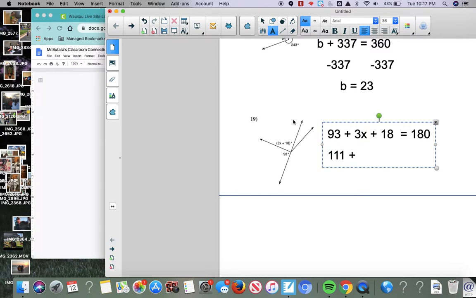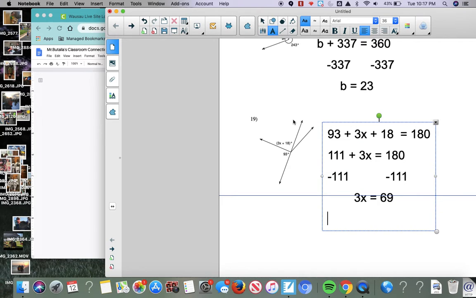111 plus 3x when I combine the 18 and the 93, and I'm next going to subtract that 111 from both sides, and that's going to leave me with 3x equals 180 minus 111 is going to be, let's see here, 69, and I am going to, oh look at that, I'm going to divide both sides by 3, and what do you know, it comes out nice and even.